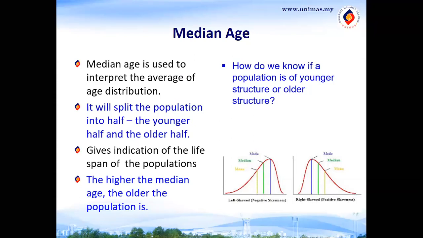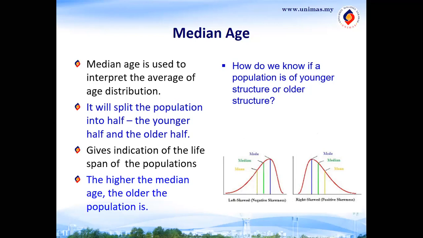Kalau nilai median age itu rendah, maka ia menunjukkan bahawa populasi tersebut adalah populasi yang muda. Now, easy way to do that. Katakan median age adalah 17 tahun. Okay. So in other words, that splits the whole population into two, into two equal half.